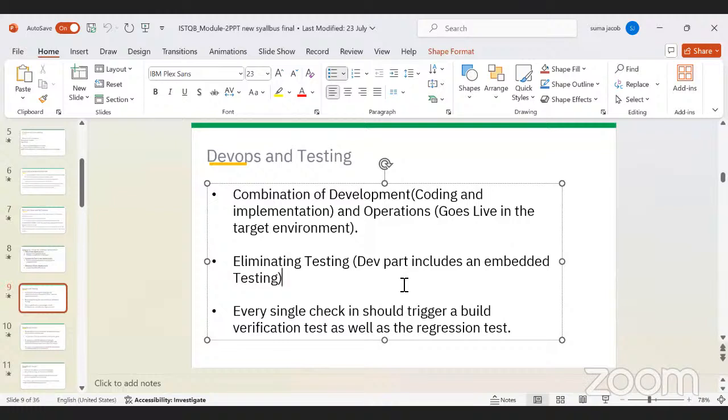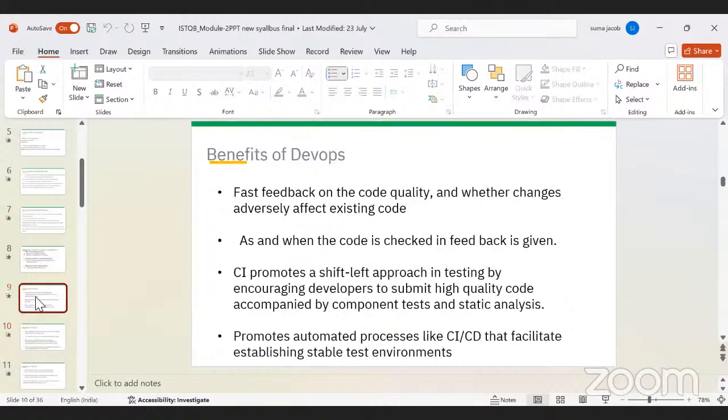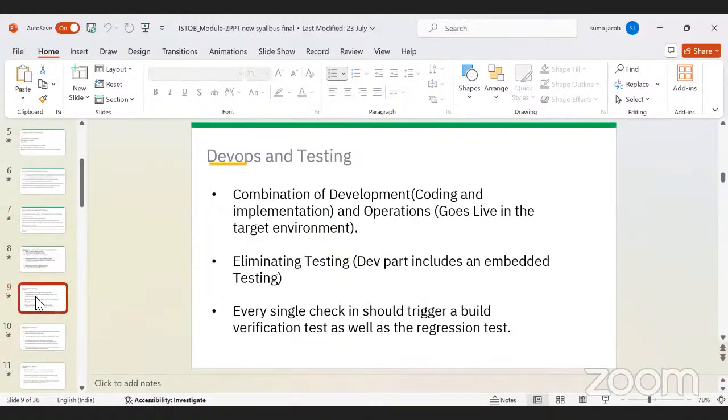So what actually happens in DevOps? Every single check-in should trigger a build verification test as well as a regression test. Every time a developer writes code and checks into the common source code repository, every single check-in will trigger a build verification and many other activities.